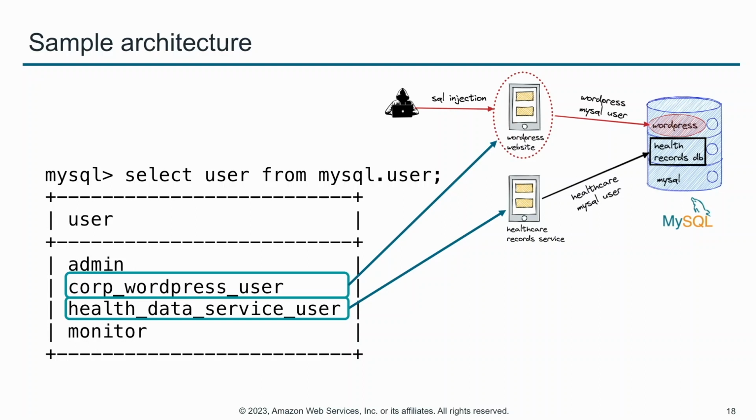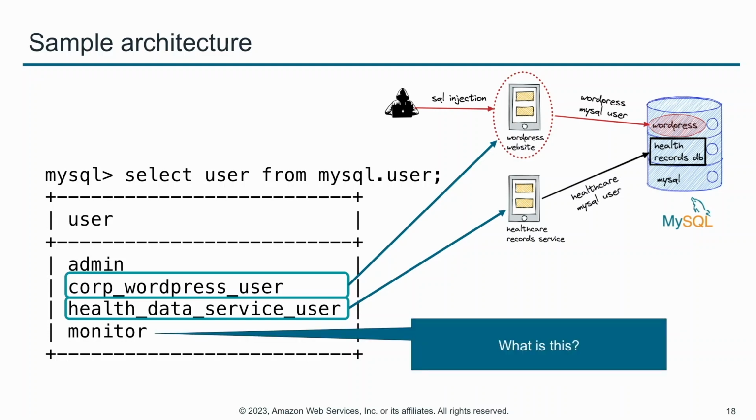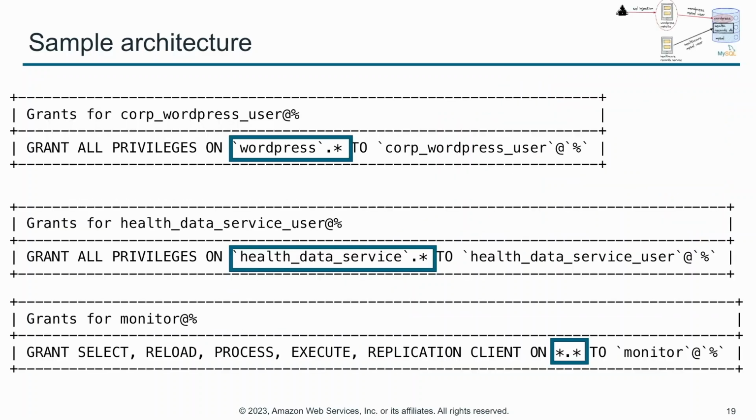We have an admin user, a root user. We have a corp WordPress user that can only access one database. And then we have a health data service user that has access to the database that we are looking for. We also have this weird monitor user. So what is this? Let's examine again the grants that we have.